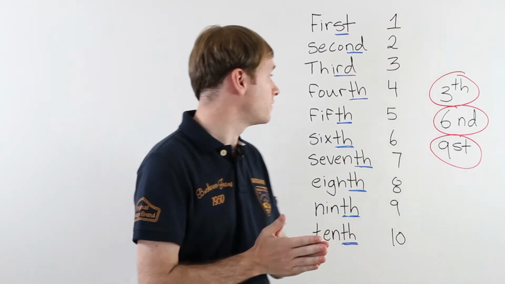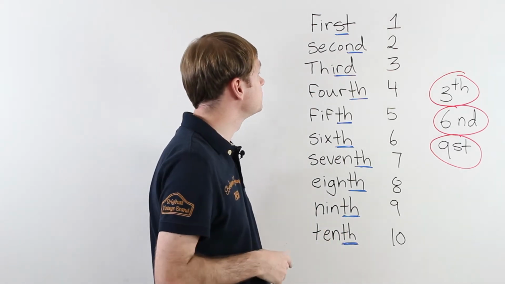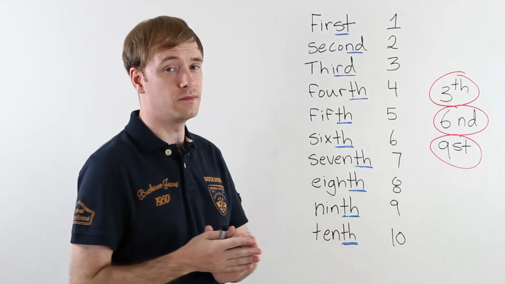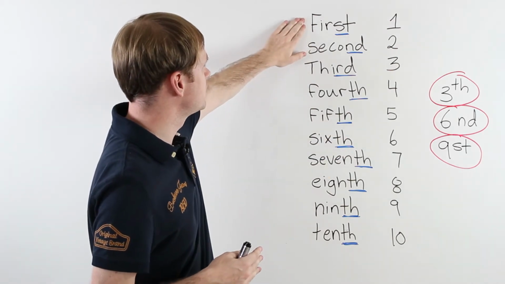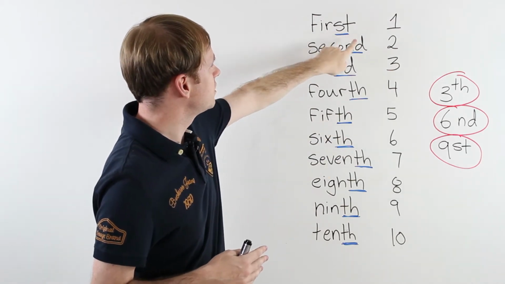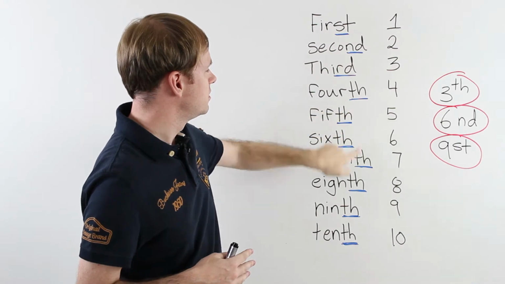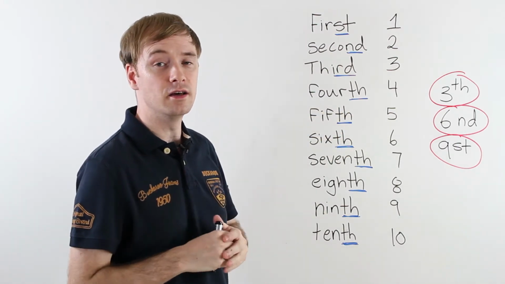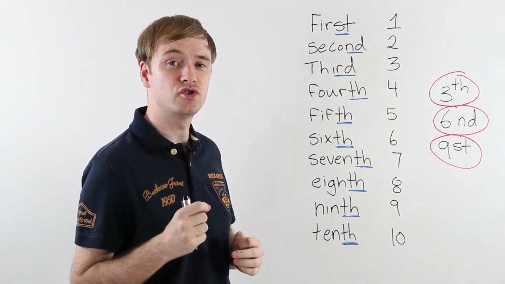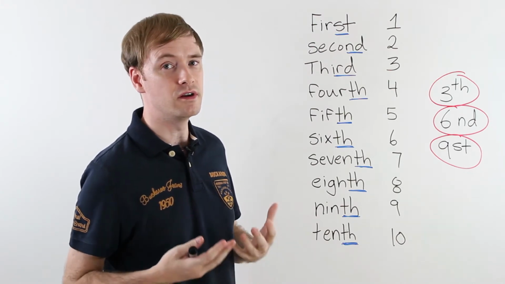So we're going to look at the first 10. I have the first 10 here. So let's go through them very quickly. This is first. And if you notice, the last 2 letters I underline in blue, okay? The last 2 letters are very important.